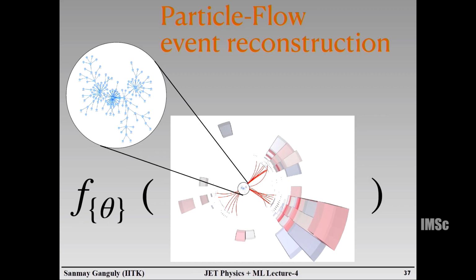So how can I construct a neural network function f of theta, in which I pass the information of tracks and calorimeters, and it spits out the probable set of particles which has led to this energy distribution? This is the machine learning task I am after, and this is called particle flow reconstruction. This is one of my favorite problems.